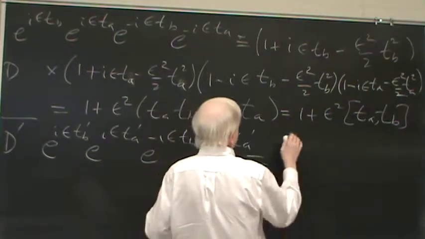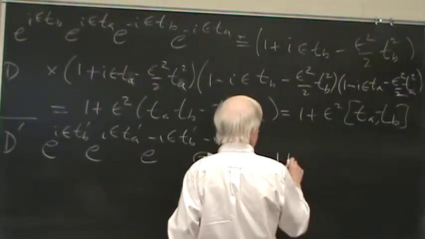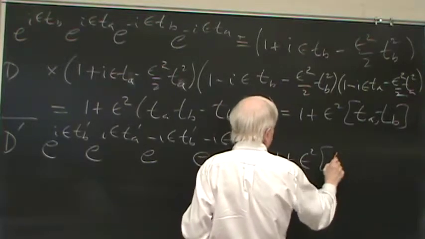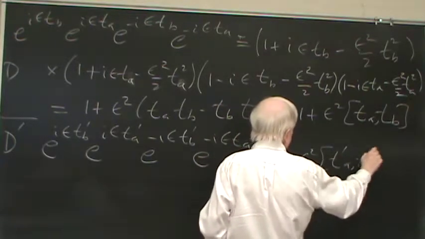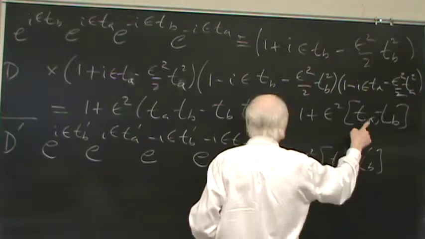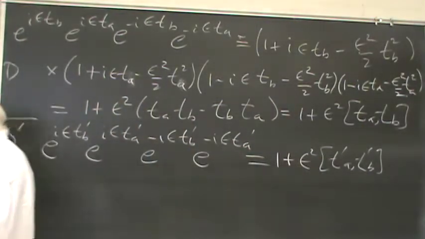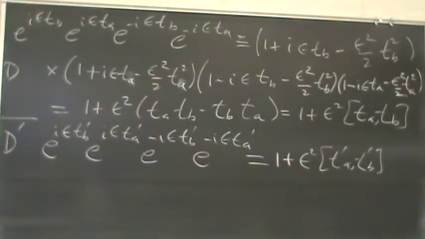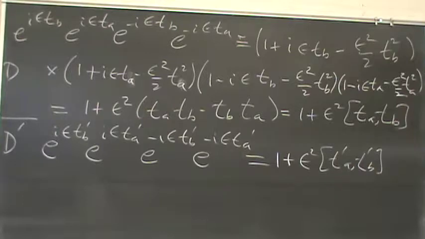And this would be the same structure but with primes, and so we would have [T prime A, T prime B]. So these TAs might be 2 by 2 matrices, the T primes might be 3 by 3, 4 by 4, whatever.